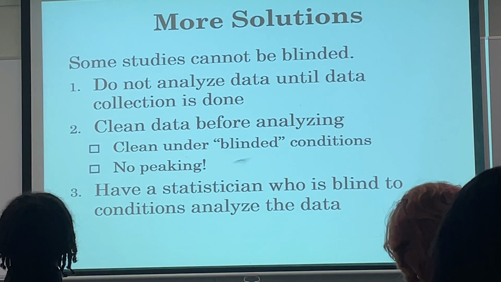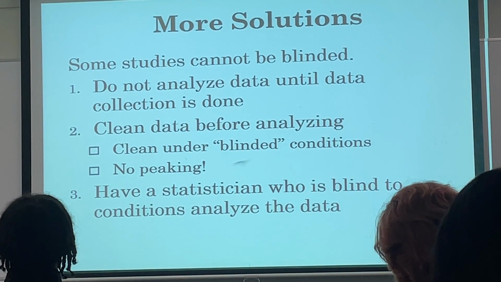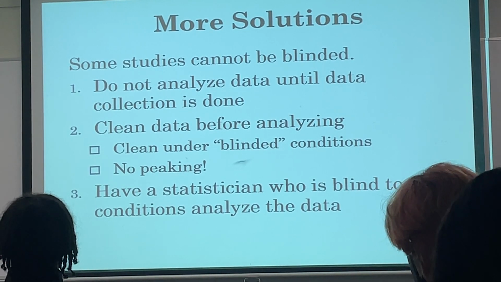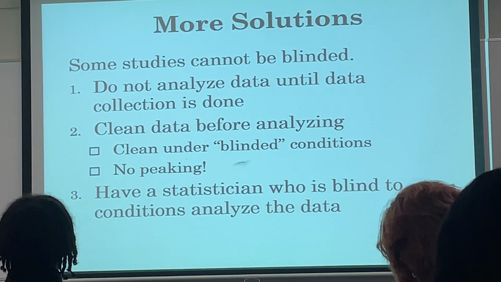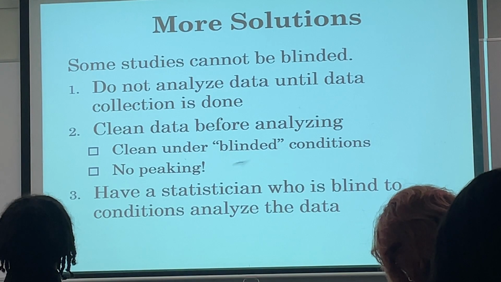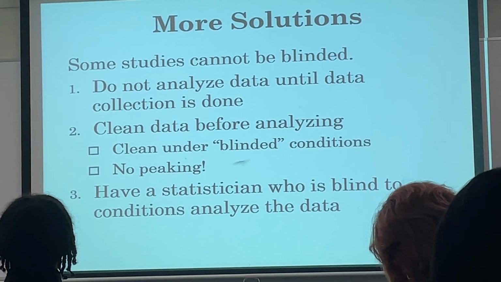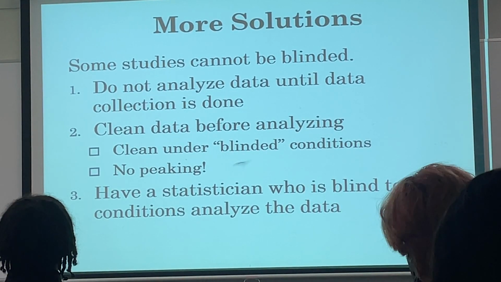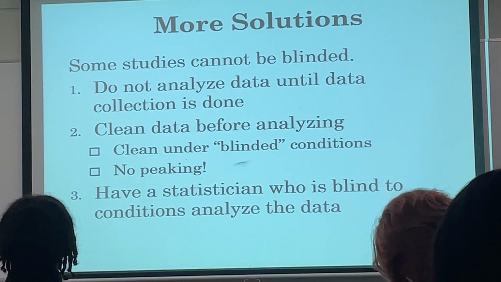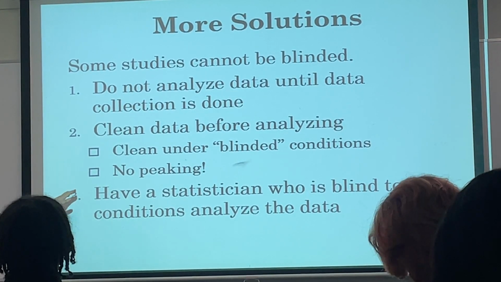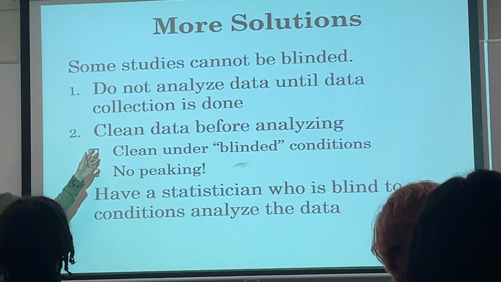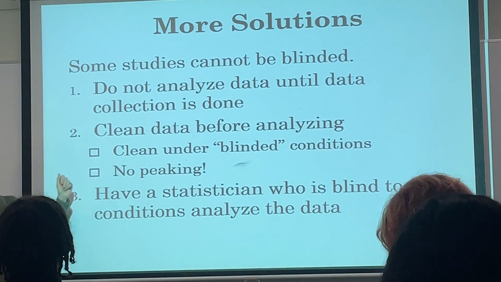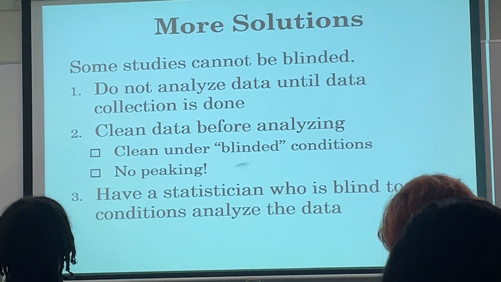So, without even wanting to bias my results, I might have this tendency to think, oh, that's a high score. And if I know it belongs to the drama group, I might be more inclined to keep it than if it belongs to the other one, right? I might unintentionally bias it. So when you clean your data, you should never know what group each person belongs to. That helps. No peeking.